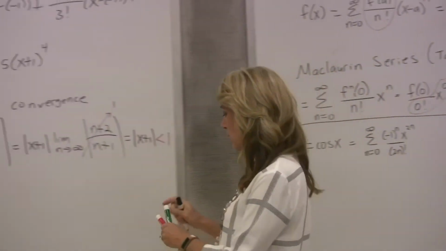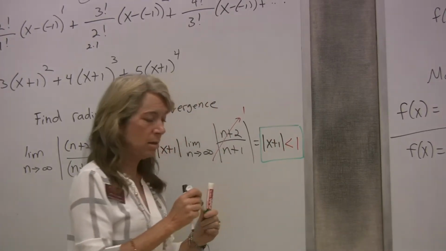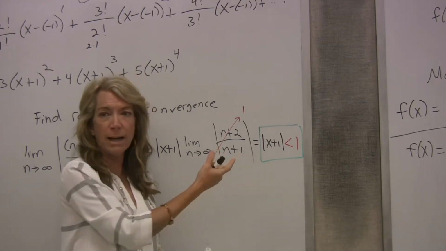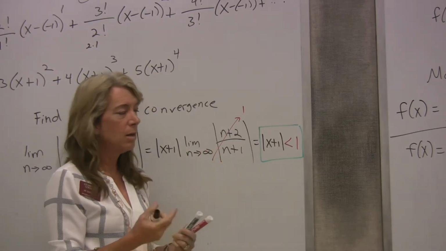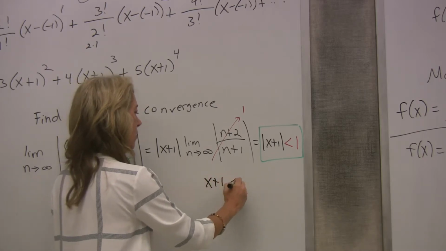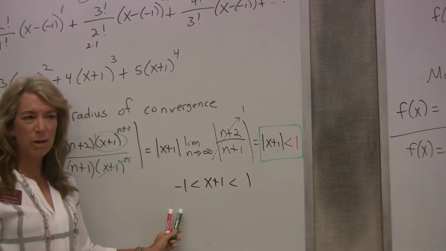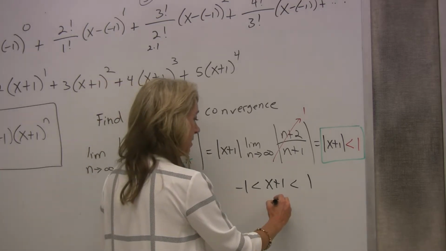At this point, this right here is enough information to see my radius. As long as this starts with an x, if you've solved for x essentially, the radius is the number you have over here. The number is 1. If you can't tell that, you can go ahead and write the whole interval out. X plus 1 is between -1 and 1. You don't need to get the interval because I didn't ask for it.